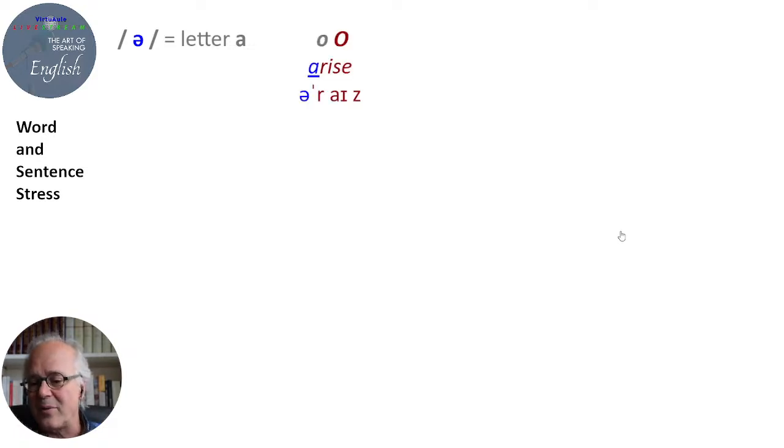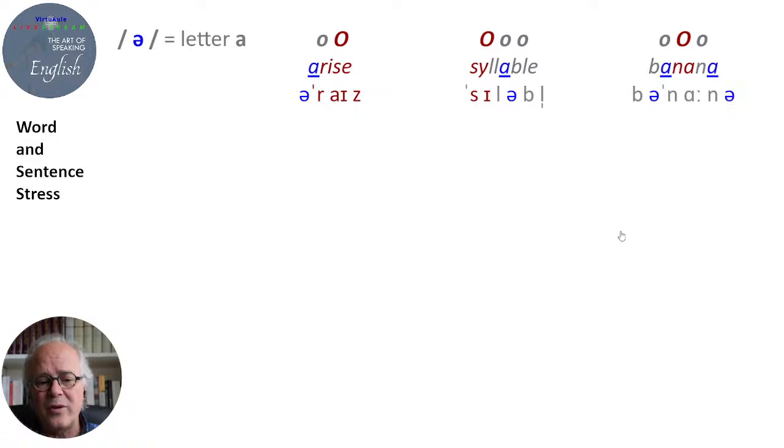We have, for example, the letter A, which happens in the word arise. You see the stressed syllable is on the second syllable, and so the unstressed syllable is the schwa sound, just like the word syllable. And banana, we saw before.